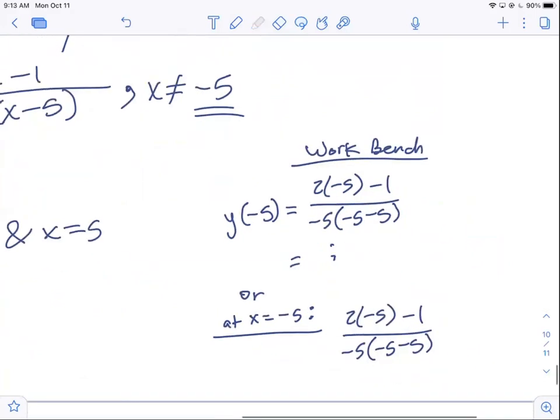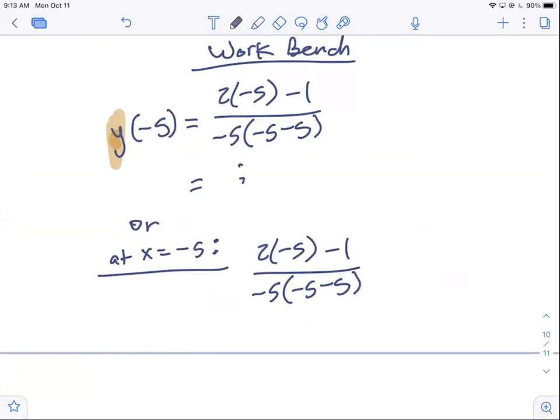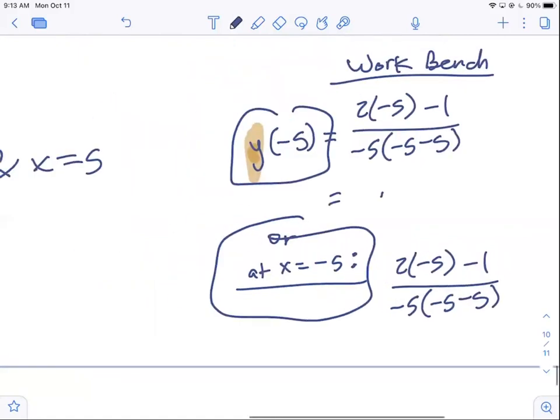This is why I don't want to call it f of x. If I called it f of x, I couldn't say f of -5 there, because remember, f of -5 doesn't exist. So that's why we want to call the simplified form just plain old y, or give it another name like j of x, whatever you want. I'm just going to keep going with this version here at the top. But indicating your method, let me circle or box this. This is called indicating your method.